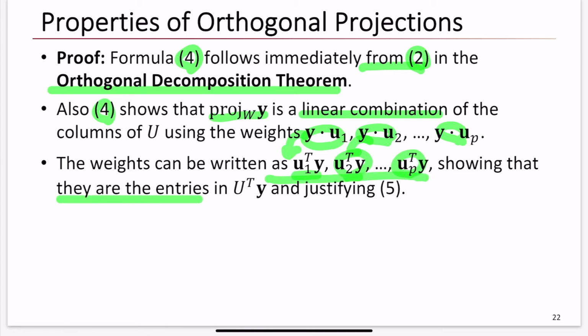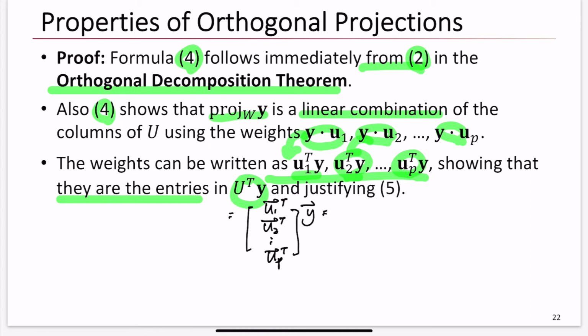they are entries in U transpose Y, because U transpose can be written as U1 transpose, U2 transpose, and UP transpose times the vector Y. Right?